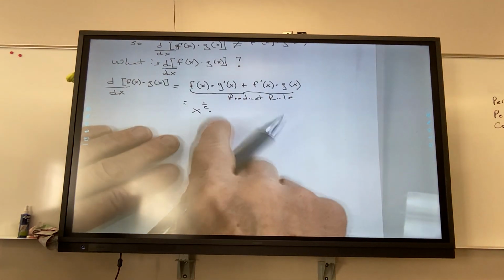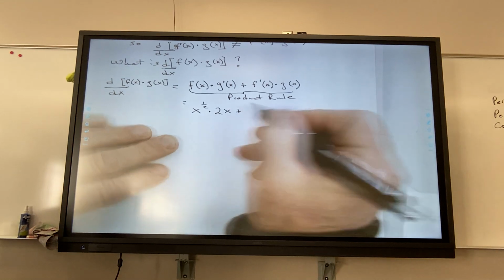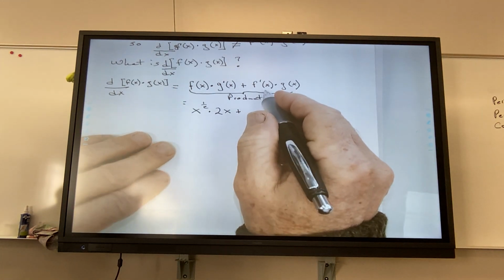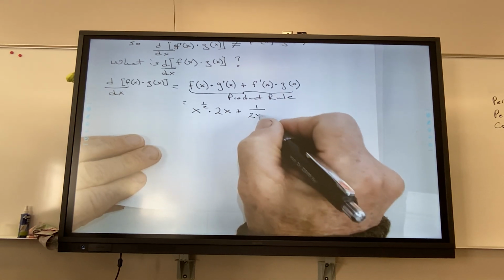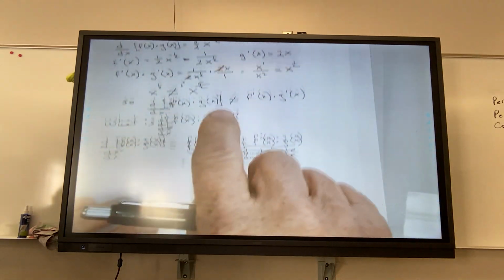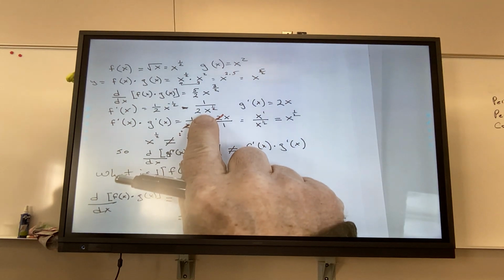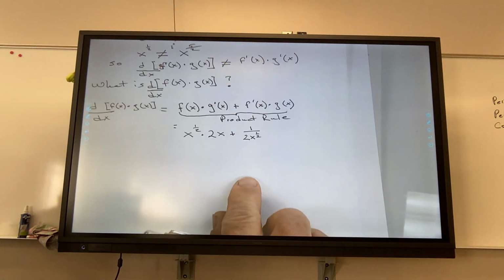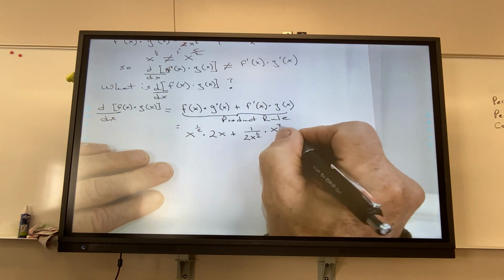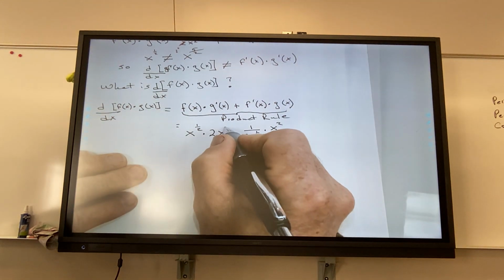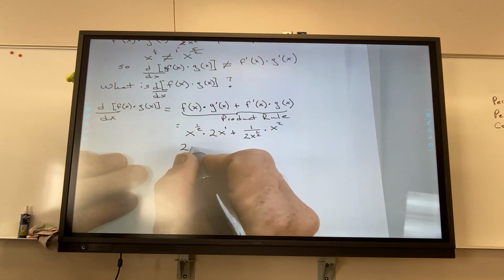So under g prime I can write 2x, plus the derivative of f was 1 over 2x to the 1/2 power. It's right, where did I write? Right here. Times x squared, which is g. So this has an exponent of 1. So I got 2x.